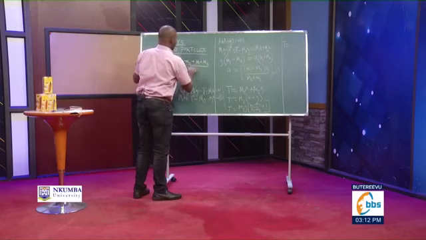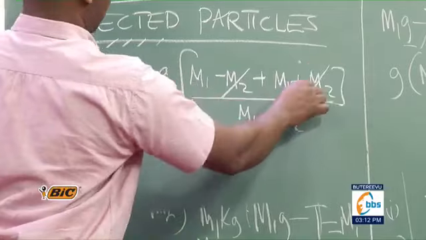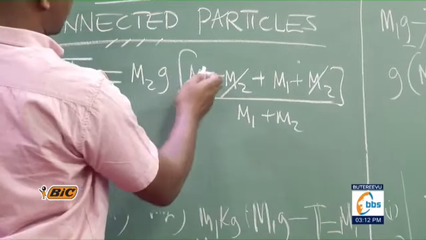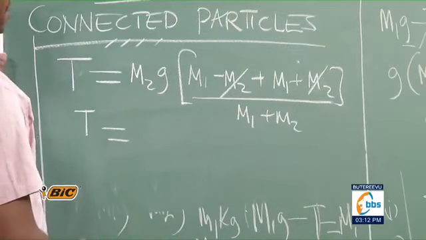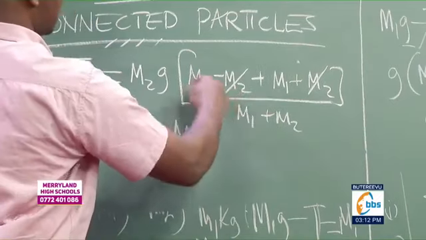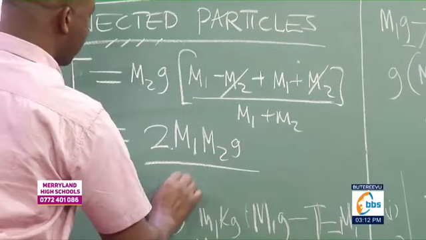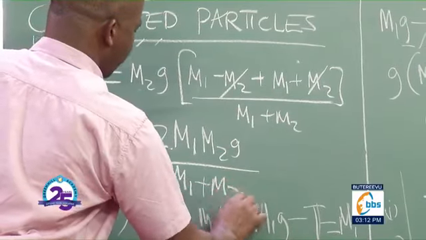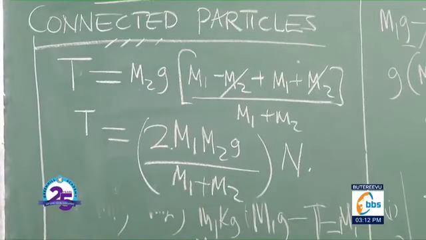And I will pick my LCM back there, and then I can now simplify. This m2 will cancel there, and my tension, as we can see, this is m1 plus m2, m1 plus m1. That one gives us 2m1. So I will have a 2 times m1, which is inside here, times this outside common term out of the sum of m1 plus m2, and this will now be the force.